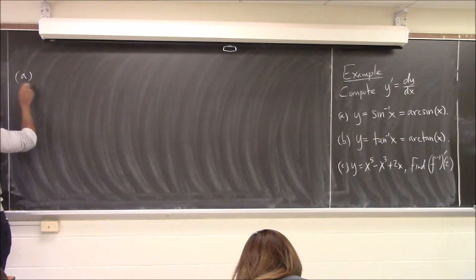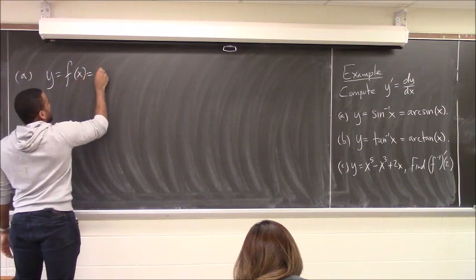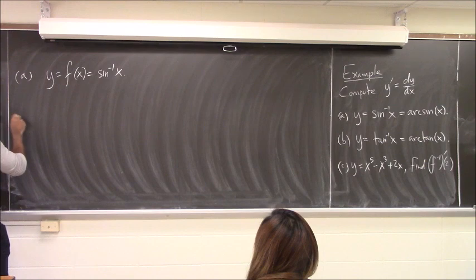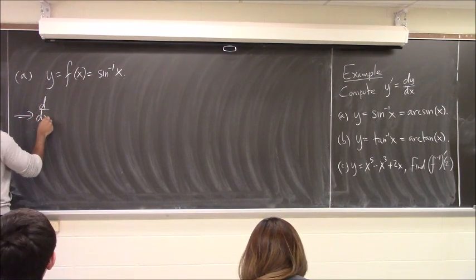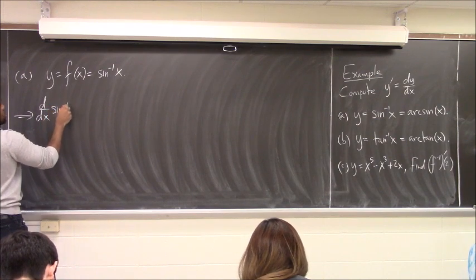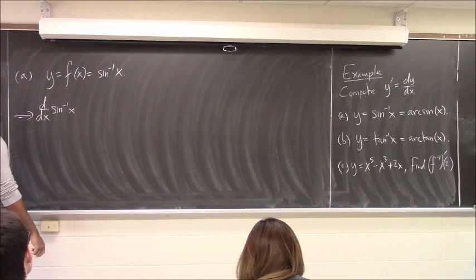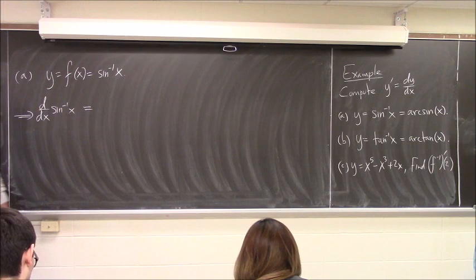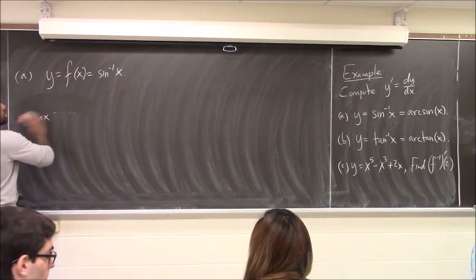Let's do A. So here our y equals, say f of x, is sine inverse of x. Then we know that the derivative of sine inverse of x is going to be what? Well, let me say something first.